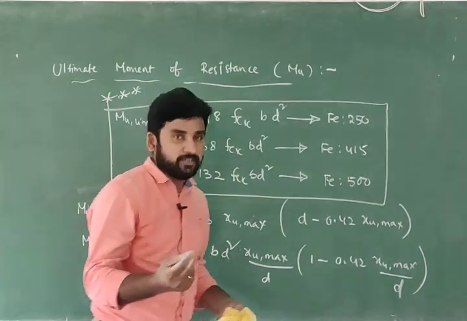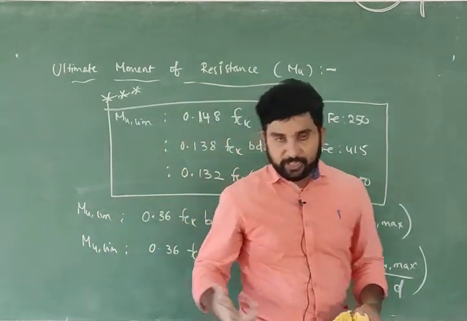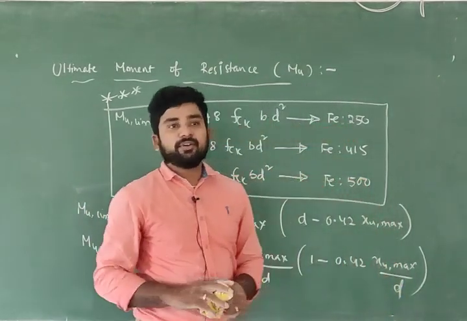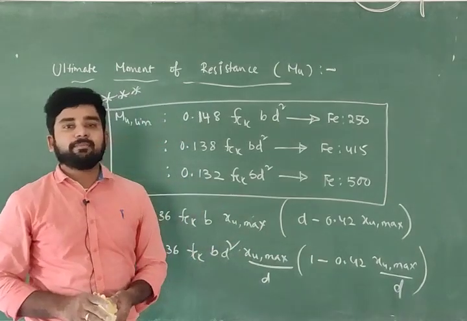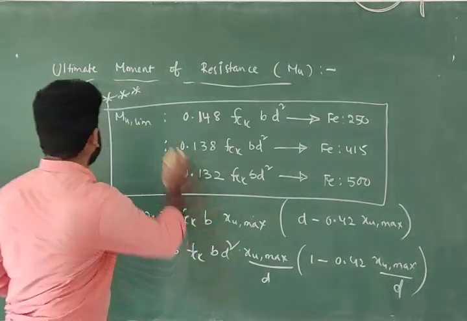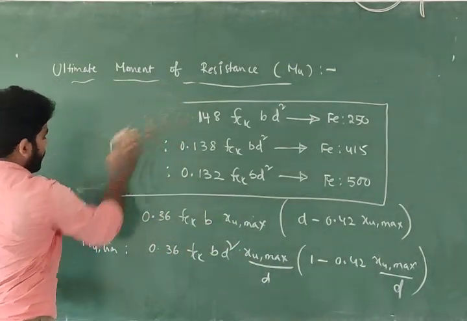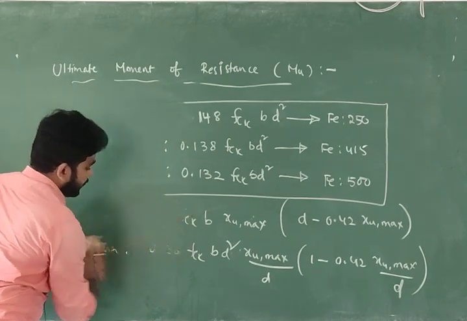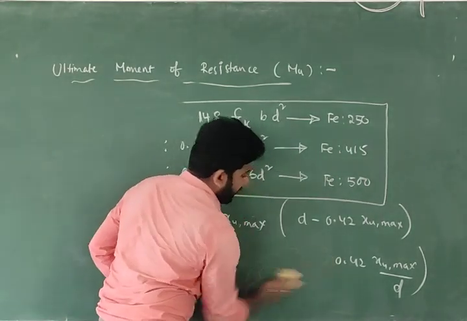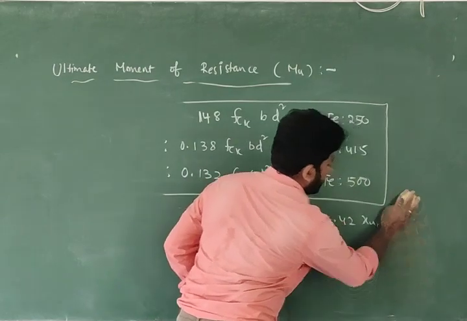Just last, before we wind up the class, I will tell you there is a singly reinforced beam and a doubly reinforced beam. Very important from the university examination point of view. These two things are very important. So please keep in mind. Just 5 minutes.